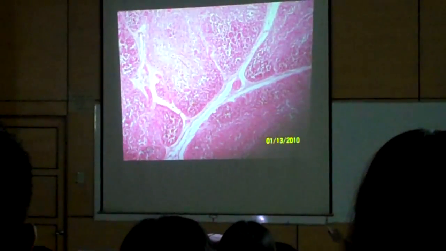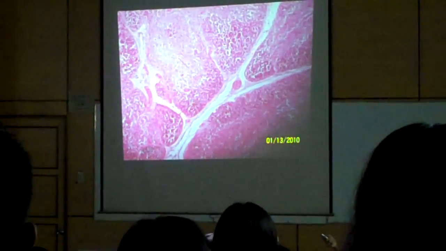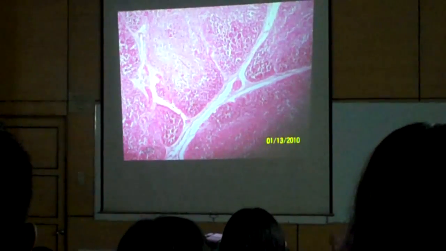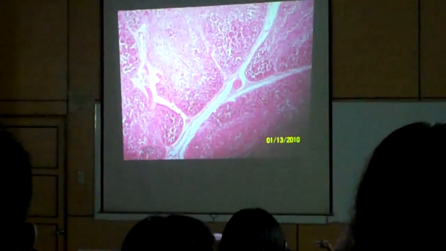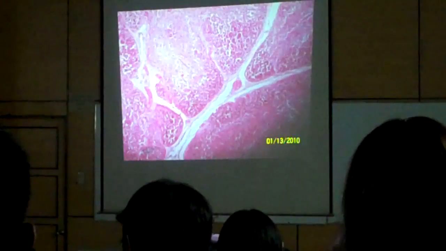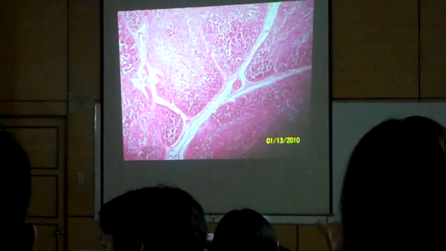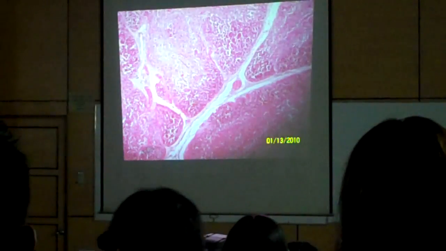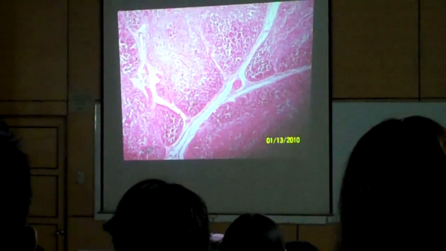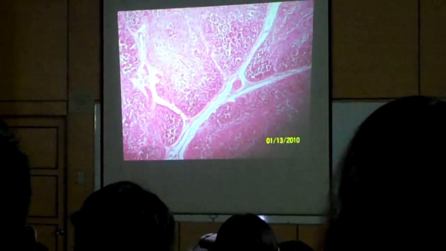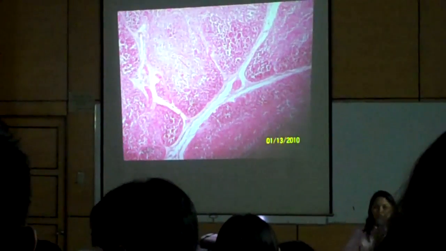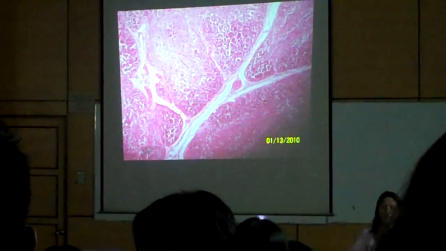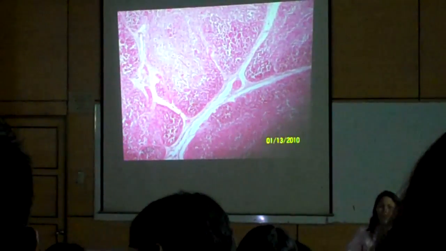Identify the organ, which I think for this module we haven't looked at, but in the previous module you already did. It is also part of the endocrine system, an organ with endocrine function.